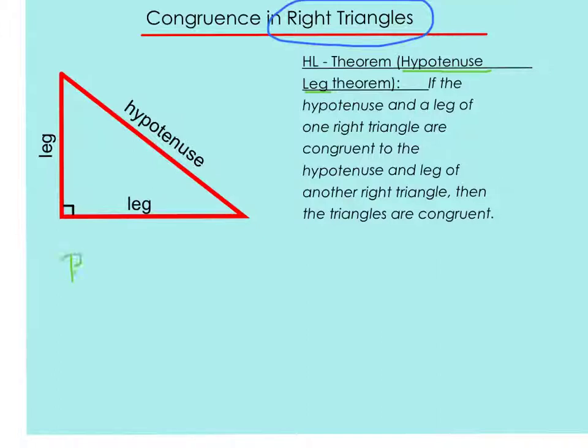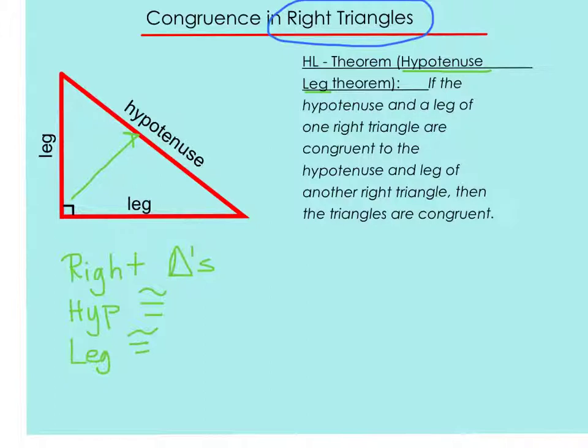We need a right triangle. Both of our triangles have to be right triangles. Then we need to know that the hypotenuses are congruent in both triangles. Hypotenuse, remember, is always across from the right angle. And then we need one of the legs congruent to one of the legs of the other triangle. If all those 3 things exist, we could say the 2 triangles were congruent.